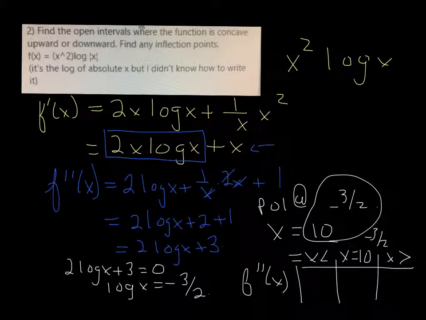If it's positive, it will mean that it's concave up at that point. If it's negative, it will mean that it's concave down. We know that it's 0 right at that value. And so then you can comment on the inflection points, which we have found, and the interval where it's concave up or concave down.